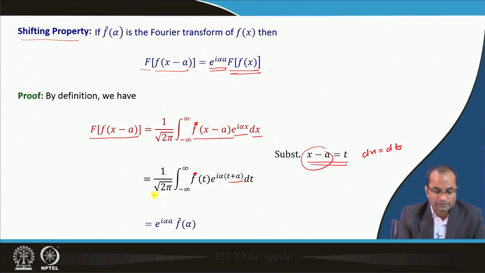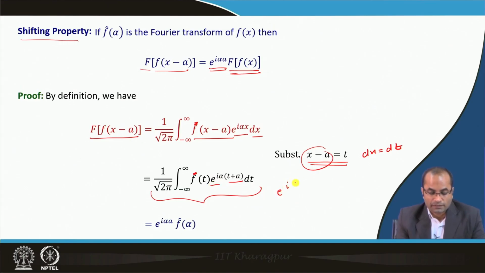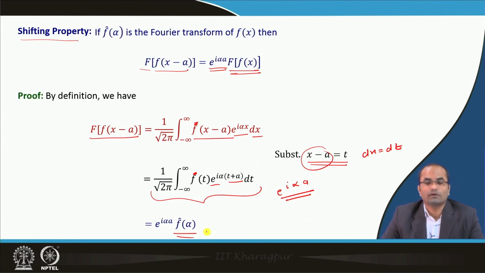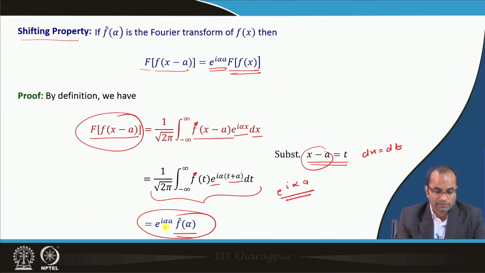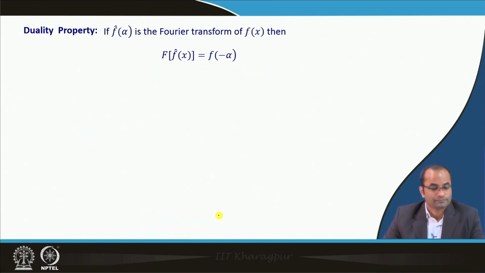If we take this e^(iαa) out of the integral, then we have minus infinity to plus infinity f(t) e^(iαt) dt, which is just the Fourier transform of f(x), that is f hat(α). So again we have this result, that the Fourier transform of f(x minus a) is just e^(iαa) times the Fourier transform of f(x).